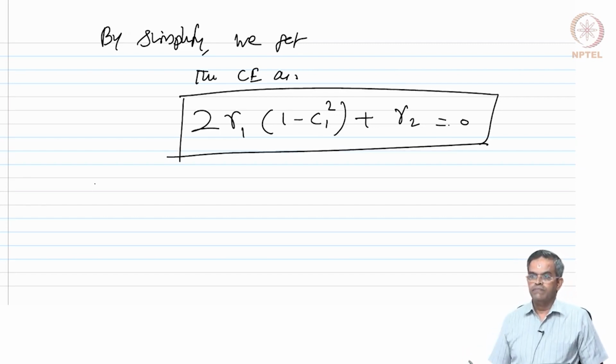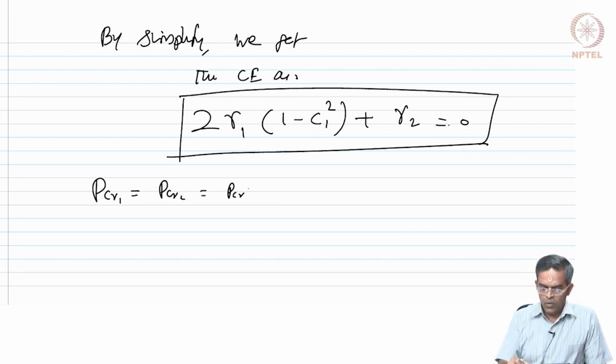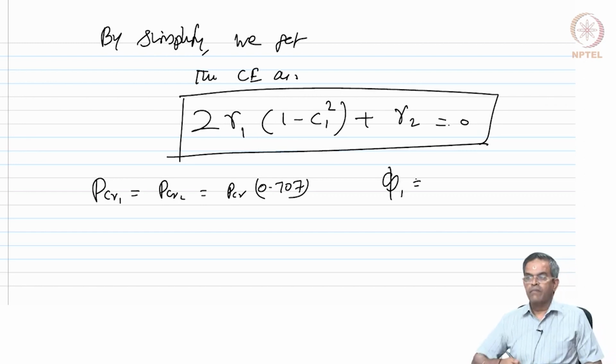Okay. This is my characteristic equation. Further, we know PCR1 is PCR2, which is PCR of 0.707, isn't it? Well, that is the load which is being applied.